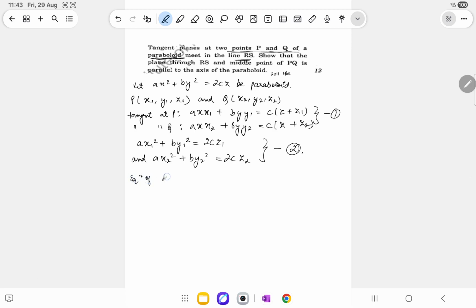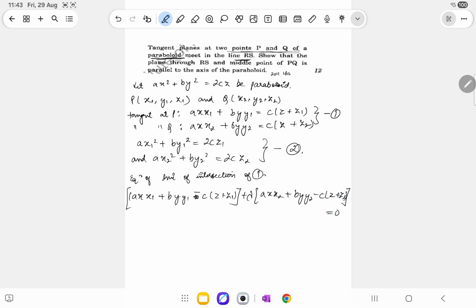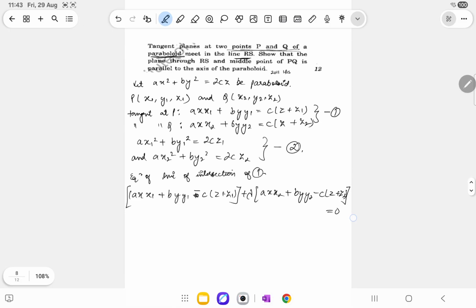So the equation of the line of intersection of 1 will be ax x1 plus by y1 minus c(z plus z1) plus lambda into (ax x2 plus by y2 minus c(z plus z2)) is equal to 0. So this is the equation of line RS.